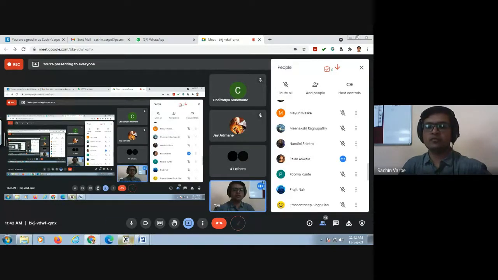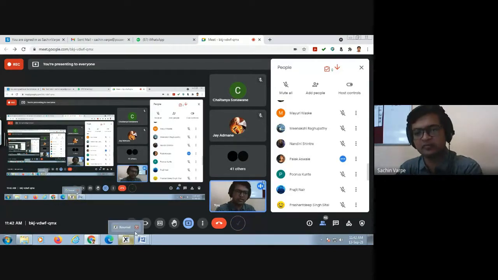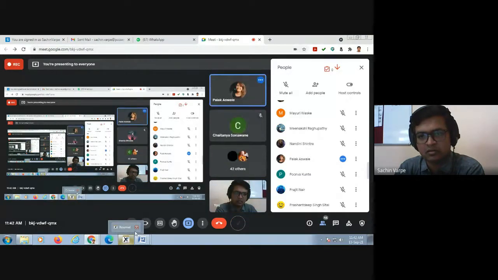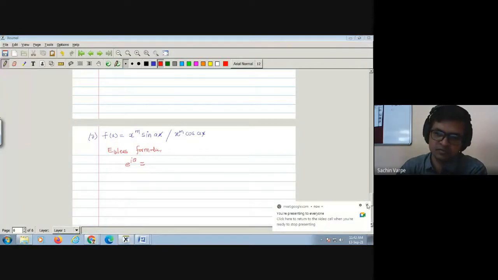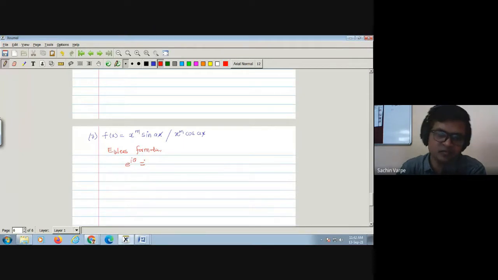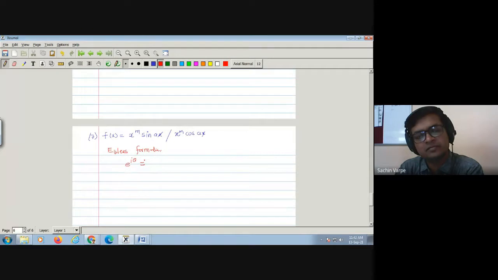Do you know the formula of e to the power i theta in terms of sine and cos? That is Euler's formula. For this, how do I write e to the power i theta in terms of sine and cos? Can I write? Cos theta plus i sin theta.